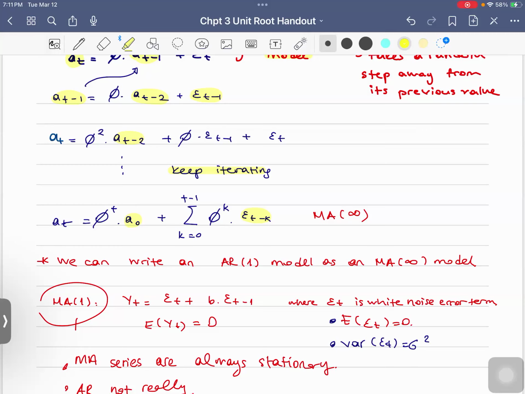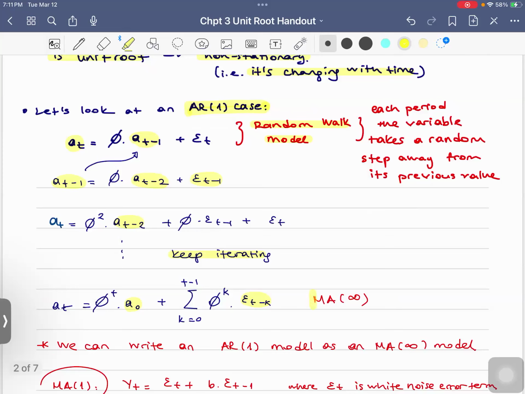Now this process, if you notice, is actually an MA infinity form, meaning we were able to write our A_t as a function of all the previous error terms, or the residuals of this process. So what did we just do here? We were able to write an AR1 model as an MA infinity model.